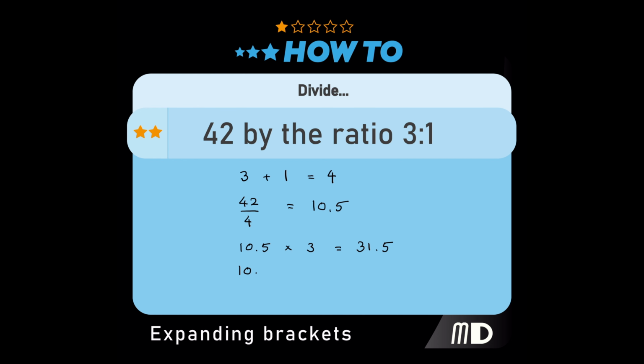And 10.5 multiplied by 1 is equal to 10.5. So the answer to the question is 31.5 and 10.5.